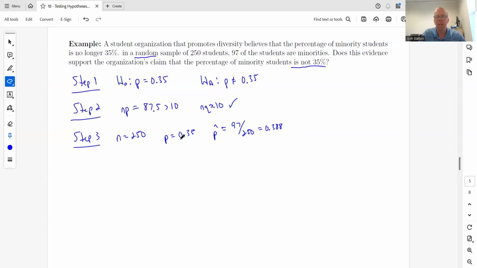And then standard deviation of p hat is the square root of pq over n, and q, if you remember, is 1 minus p. So this is 0.35 times 0.65 divided by 250.